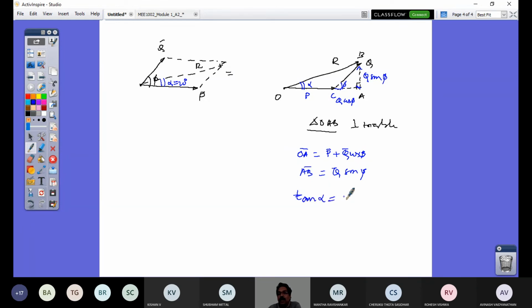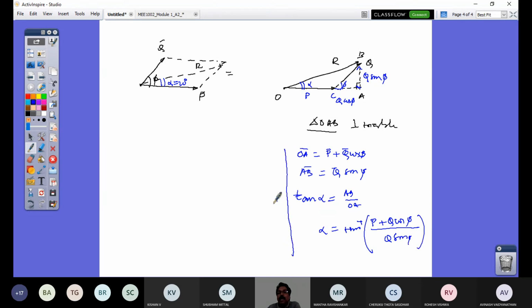Tan alpha is opposite side by adjacent side, that's AB by OA. So alpha equals tan inverse of AB by OA, that is Q sin phi divided by P plus Q cos phi. If I put that, I'll get my direction.